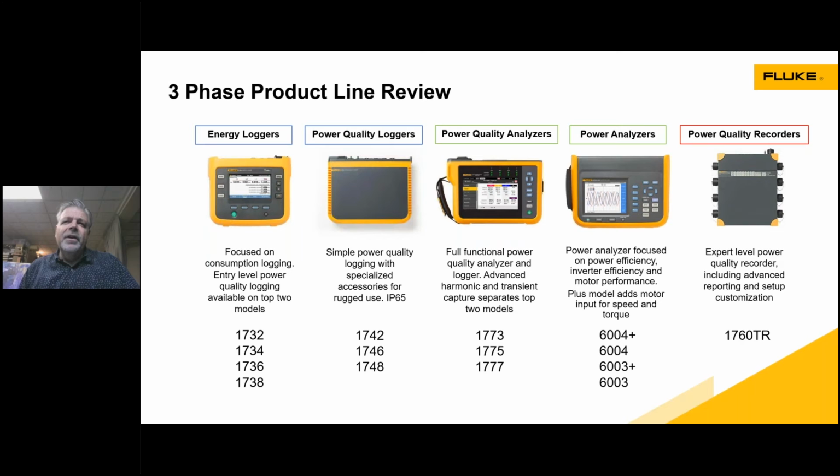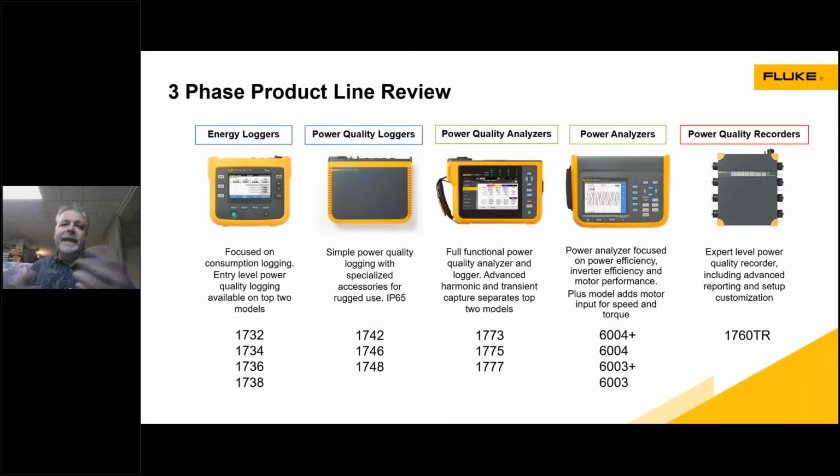But they are really kind of the higher end analyzers that we have. They're traditionally used in very detailed analysis. I'll just slip over to the one on the right. The 1760 series, the interesting thing about this is that it has 8 or 9 inputs. I'm sorry, I can't remember, but those inputs are interchangeable.